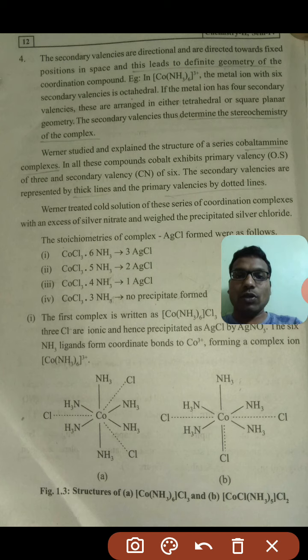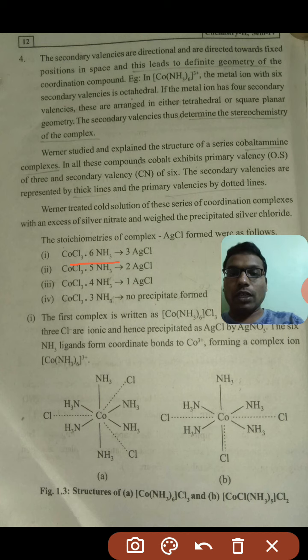Werner explained this theory by taking the example of cobalt amine complexes. These are the stoichiometries of the complexes, four in total. In these, the metal is cobalt, Co, and there are two types of ligands: Cl3 and 6NH3.